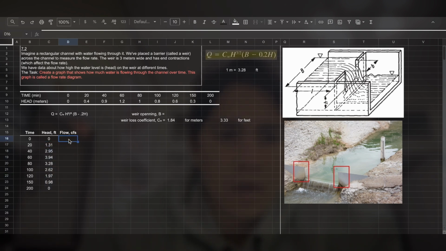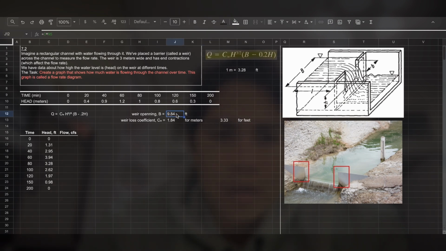Now to solve for the flows, all we need to do is apply all these heads into this equation. I have it here as well. Remember that the base is 3 meters, but we're working with feet now, so we want to multiply the value of B of the opening, 3 meters times 3.28, to get it in feet.